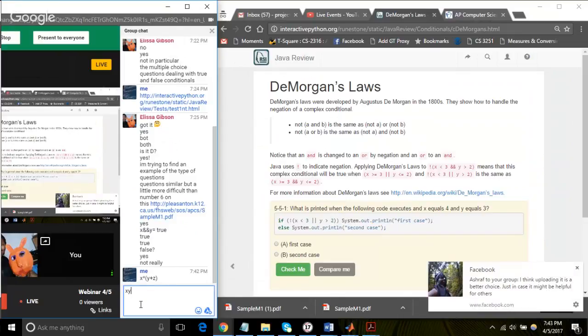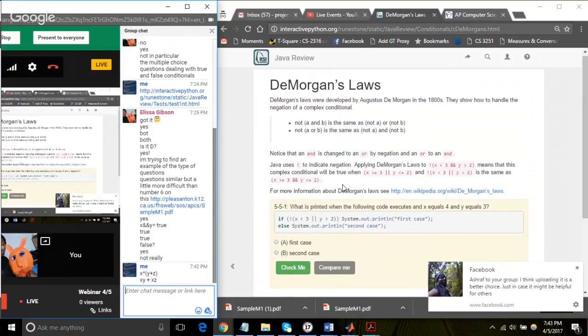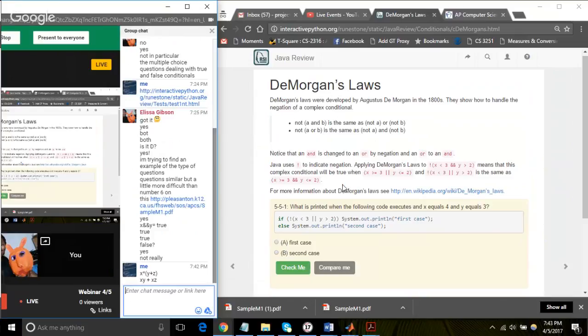So that's equal to xy plus xz. It works a little differently here, but that's the idea behind it.